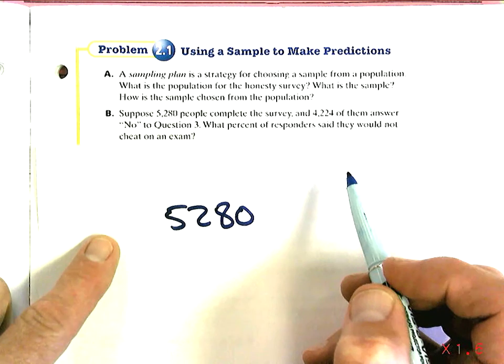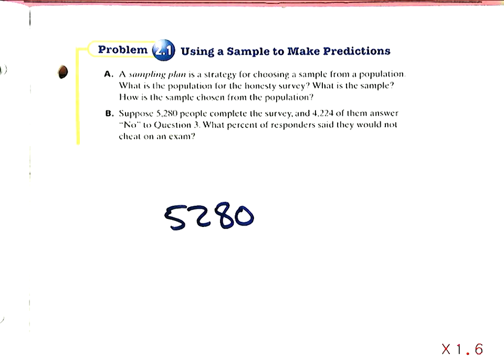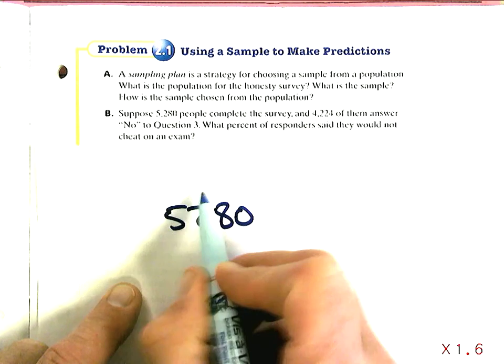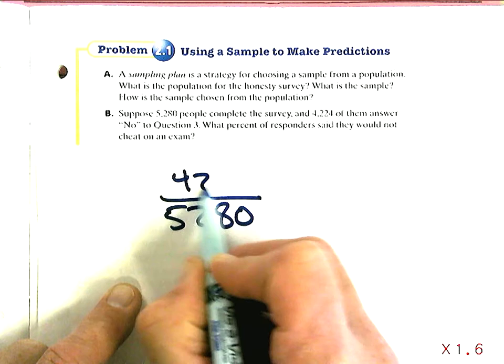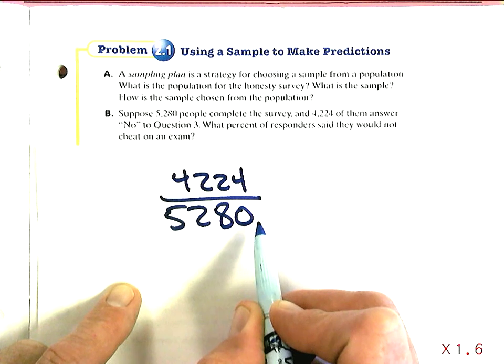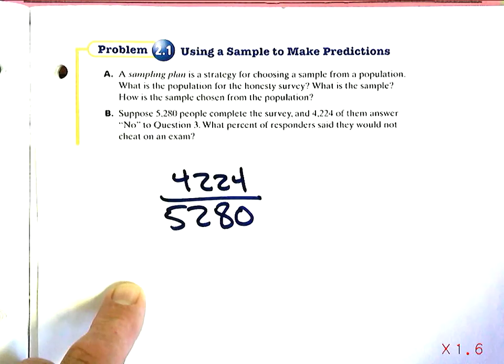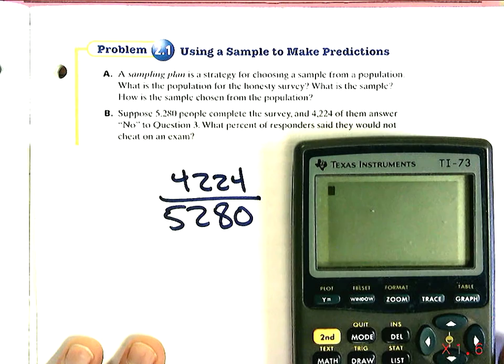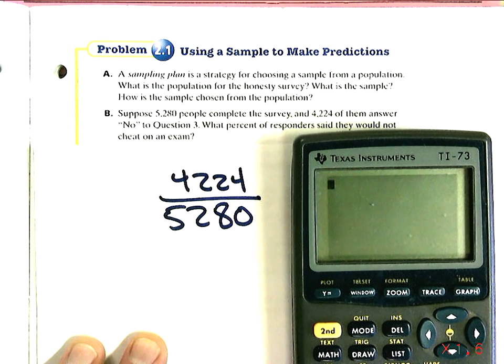So now we're going to just do a simple calculation of percent. We're going to take the 4,224 out of 5,280, and we're going to find a percent. And to do that, we're going to just go ahead and use my calculator, show you how to do my calculations.